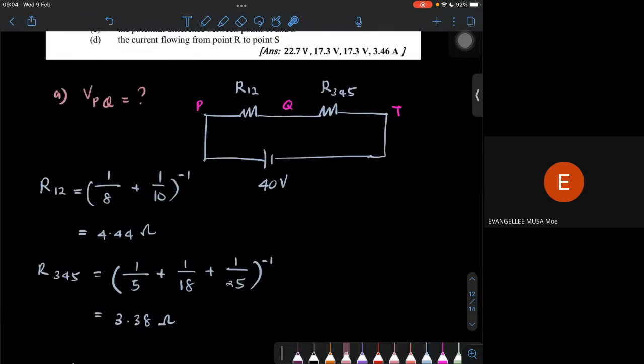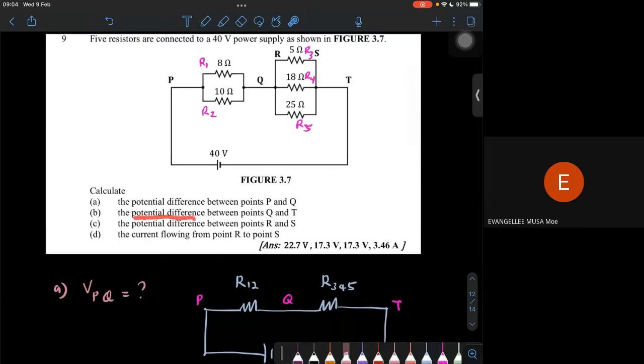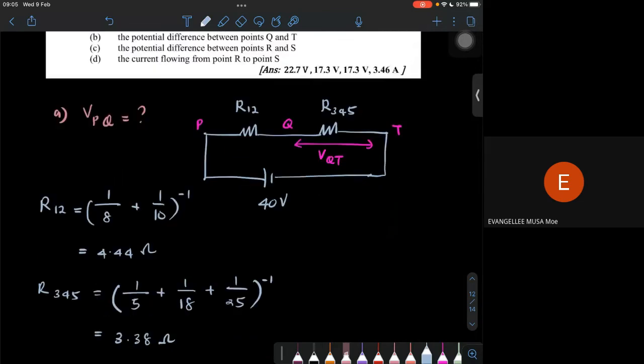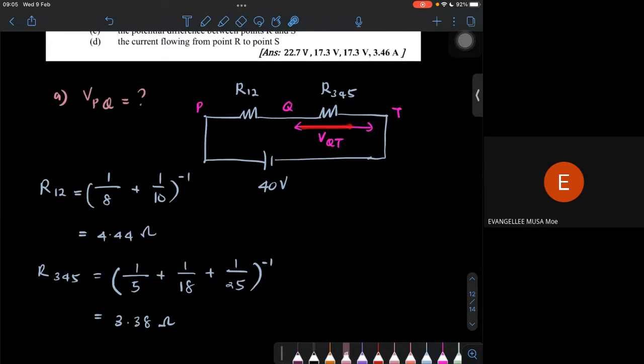Okay. Next one. Calculate the potential difference between point Q and T. So between point Q and T, here. Maksudnya, what is the voltage across here? VQT. Okay, so this one, what method can we use to find VQT here?